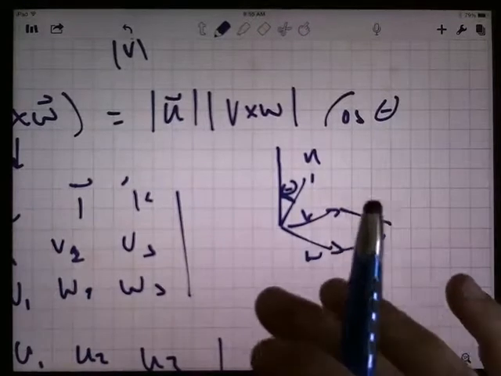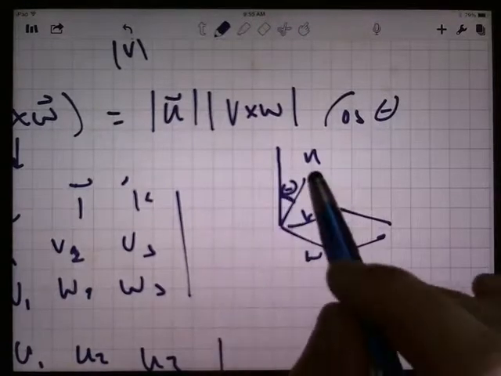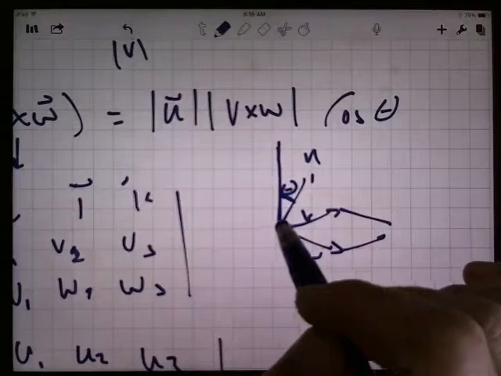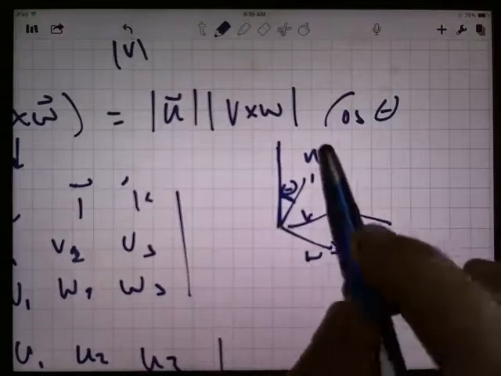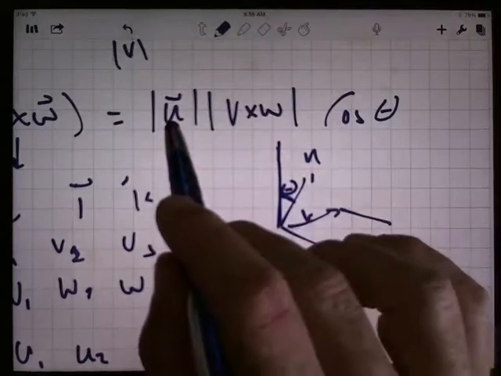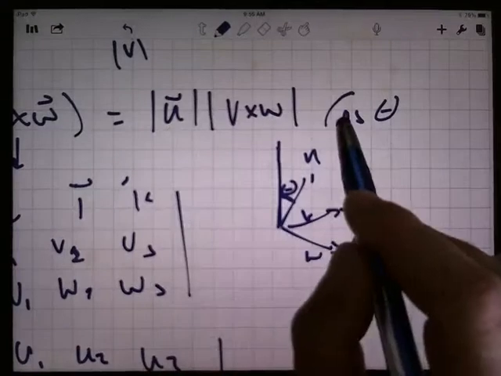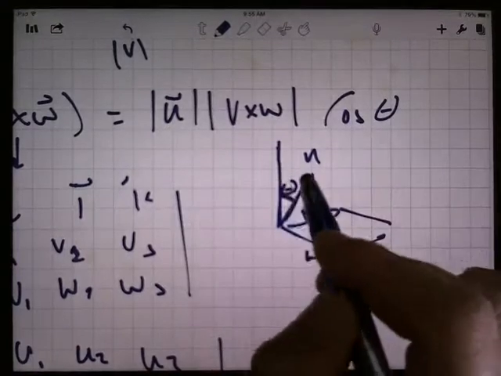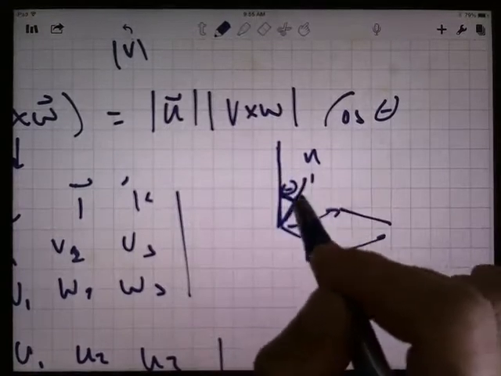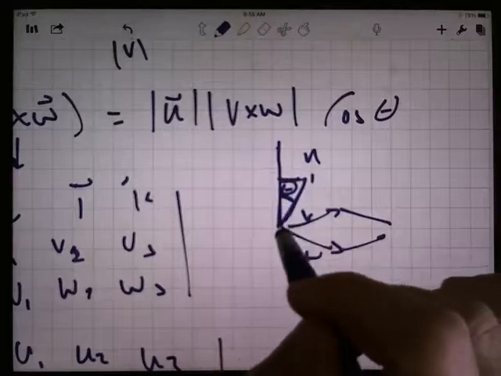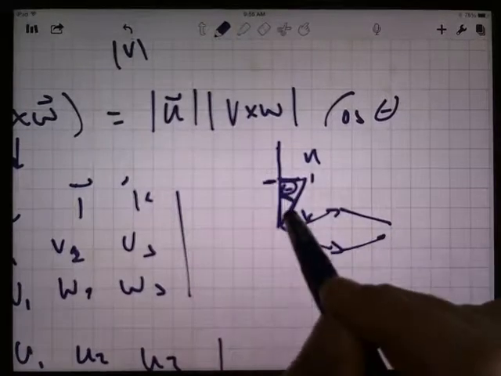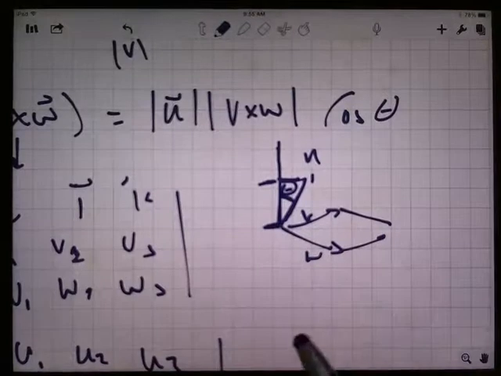And so then the length of the cross product, well, let's put it this way. The length of U times the cosine of the angle is actually this length right here. It's the distance from here to there.